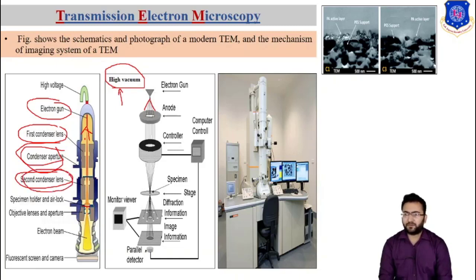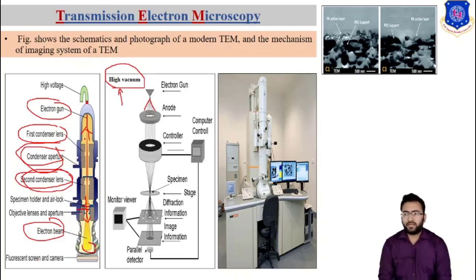Then the electrons pass through the specimen, which is our sample membrane, and generate an electron beam which spreads on the fluorescent screen or camera and generates the image.